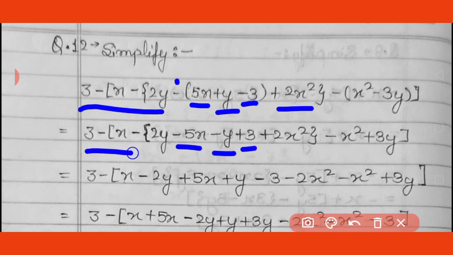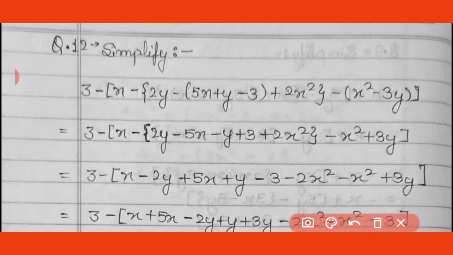As you can see, these underlined terms remain the same. And here the bracket opens, minus is there, so the inside terms will be changed. Plus x square changes into minus x square, minus 3y changes into plus 3y. So now we will open the curly bracket. The curly bracket is opened, and outside of it there is a minus sign, so each term will be changed.